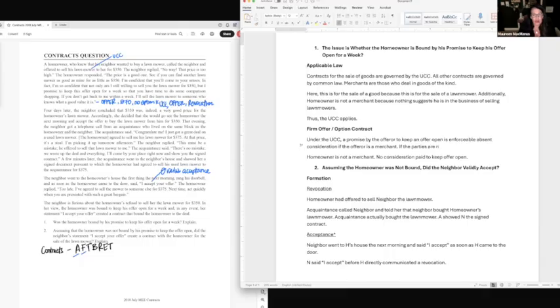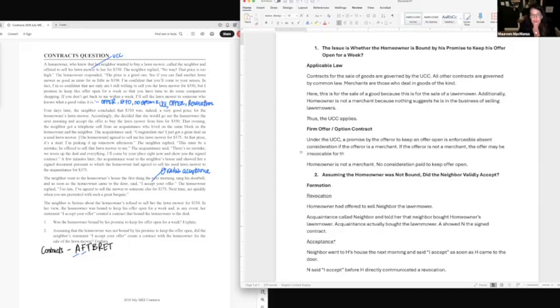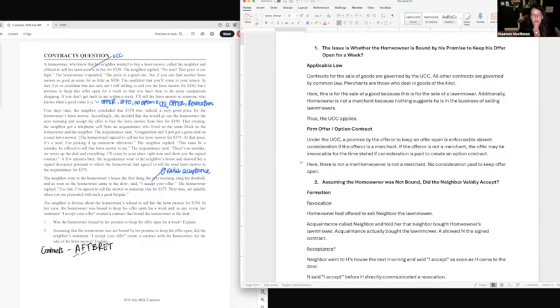If the parties are not merchants, or if the offeror is not a merchant, the offer may be irrevocable for the time stated if consideration is paid to create an option contract. So I'm going to go through both of these. So here, there is not a merchant's firm offer because homeowner is not a merchant. And I'm going to say as explained above.